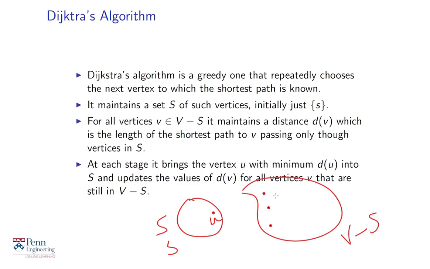Remember, for each vertex v here, we are maintaining a quantity called d of v. So it needs to update those distances. For example, for this v, it needs to update its distance. And the updates need to happen depending on the edges that are incident on u. So for example, for each edge uv like this, it may need to update the distance to that vertex v.